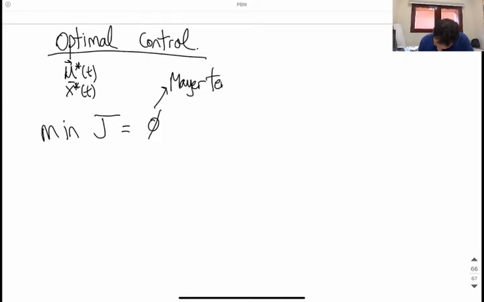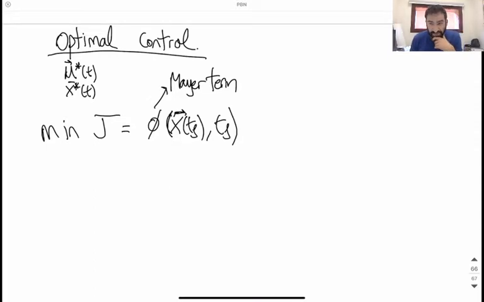This is the Mayer term, which depends in general on the state values at the final time, eventually the final time as well. Imagine we want to minimize or maximize the final time, or we want to minimize or maximize the final mass of the vehicle.